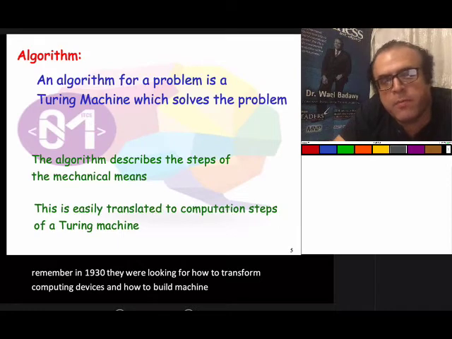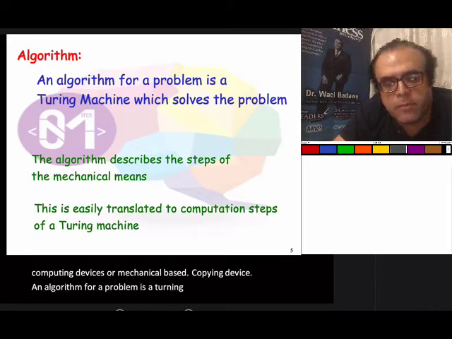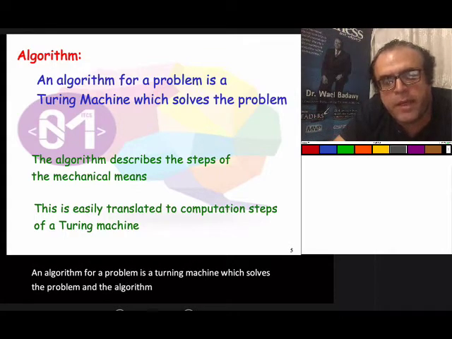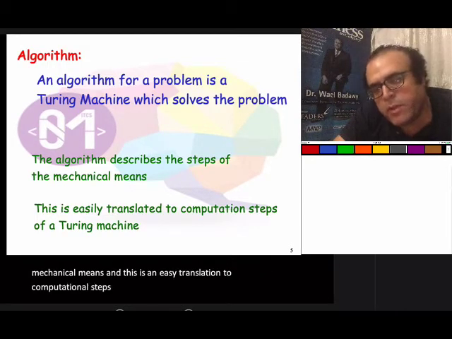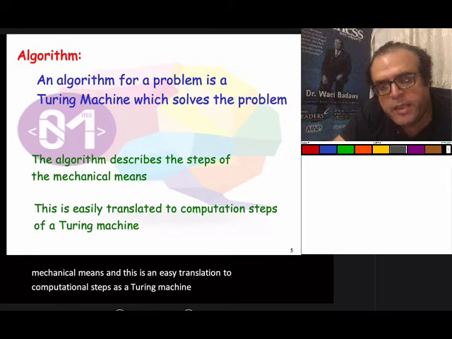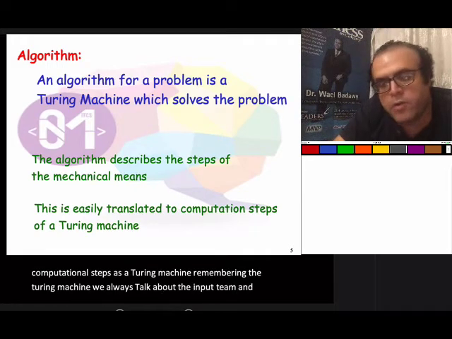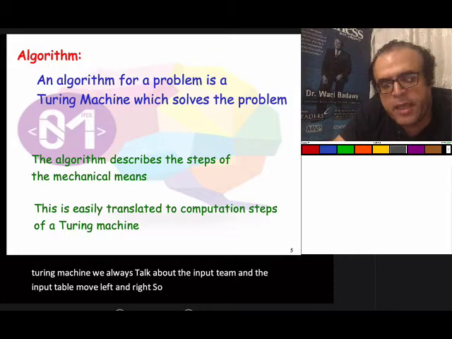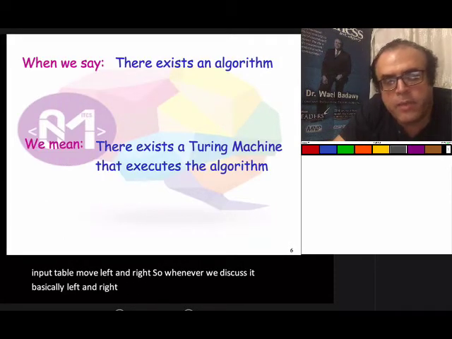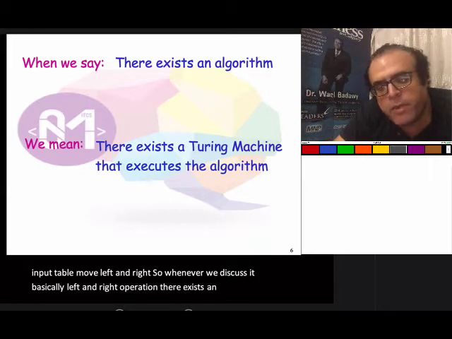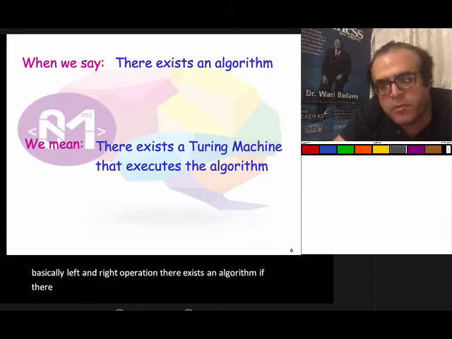An algorithm for a problem is a Turing machine which solves the problem, and the algorithm describes the step-by-step of mechanical means, and this is an easy translation to computational steps as a Turing machine. Remember, in the Turing machine, we always talk about the input tape, and the input tape will move left and right. So whenever we discuss it, it is basically a left and right operation. There exists an algorithm if there exists a Turing machine that executes that algorithm.